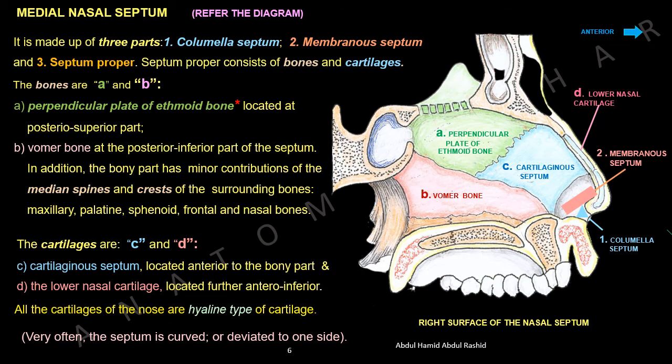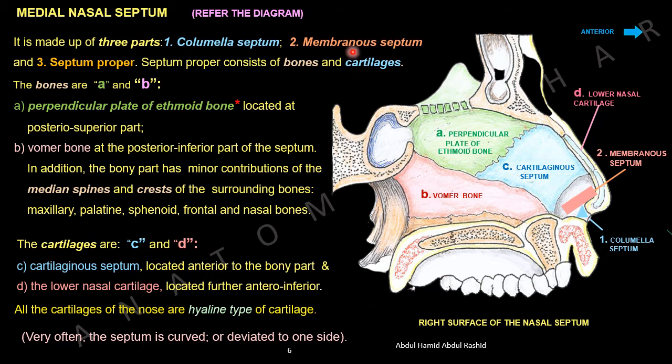Medial nasal septum. Refer to the diagram. It is made up of three parts. The first part is the columellar septum. We have already discussed this. The columellar septum is formed by the union of two medial crura of the major alar cartilages, so it forms the lowest, first part of the medial nasal septum.